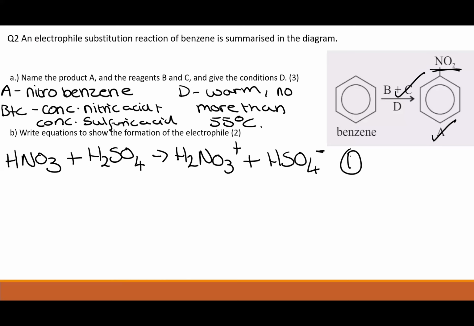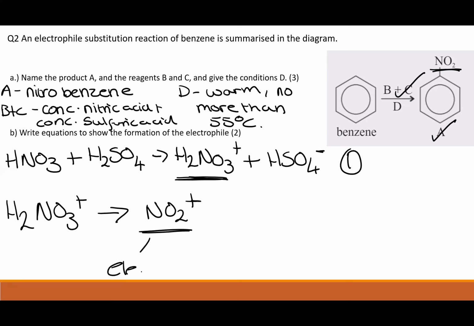That'll get you the first mark, the first equation that you need. And then using this, we get our second equation, because then we get our electrophile forming. This would be our electrophile, and obviously water as a byproduct.